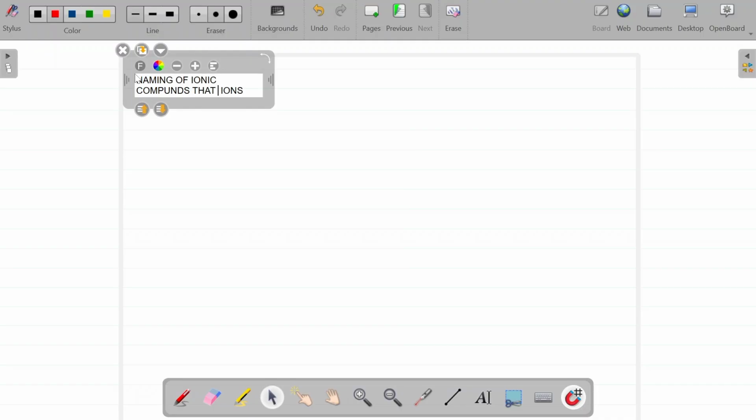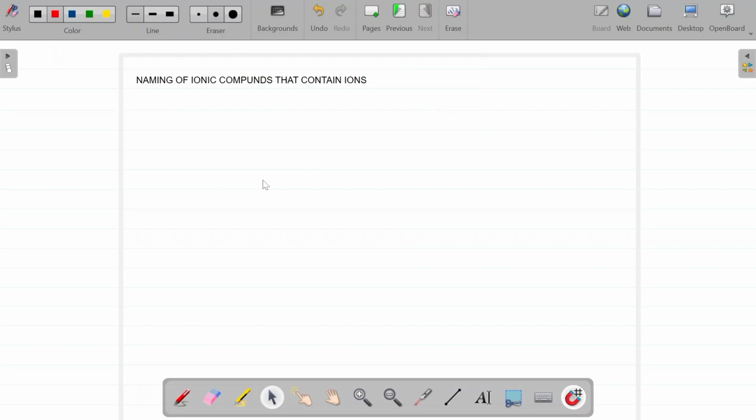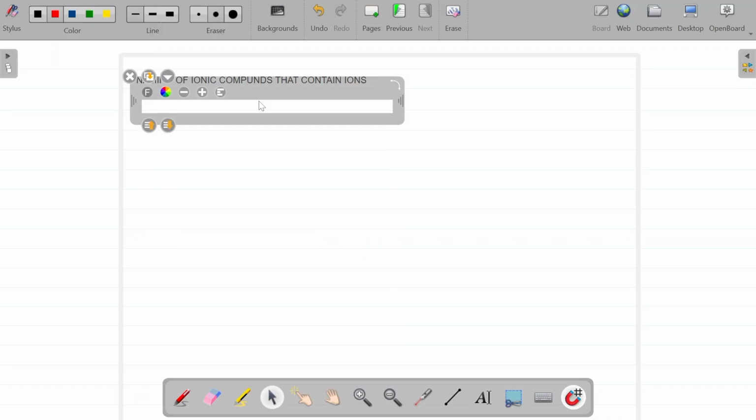Now let's learn how to name ionic compounds that contain ions. There are some common ions that we should at least know or keep stored in our mind.